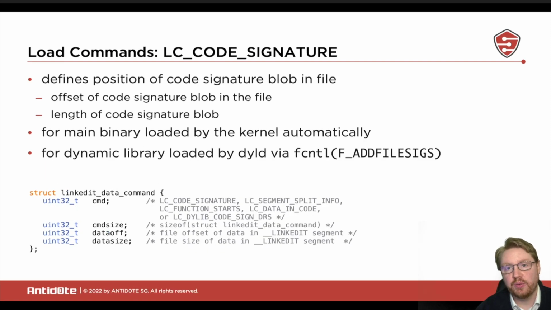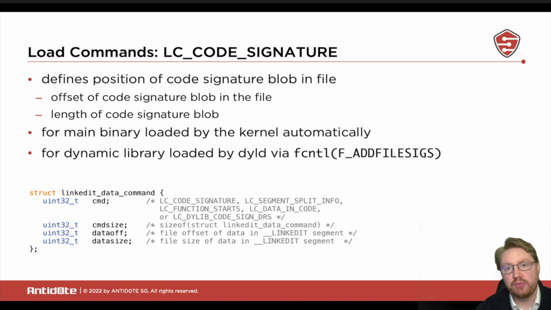The last one we want to look at here is the LC_CODE_SIGNATURE. The idea here is basically that we specify where in the file the binary blob is that contains the signature of the file. So this again is stored as a link edit data command, just specifying where the data is and how big it is.